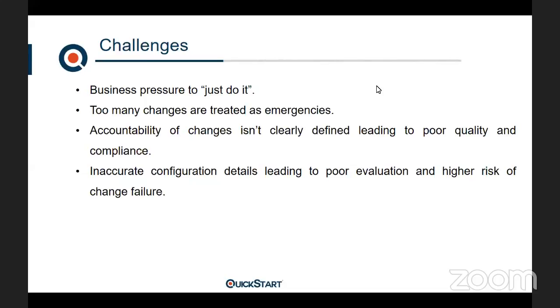That may result in loss of revenue, loss of reputation for the organization, and loss of customer confidence. These are all things associated with not following the procedure as defined by ITIL. ITIL makes every effort to make sure that this change process is smooth.